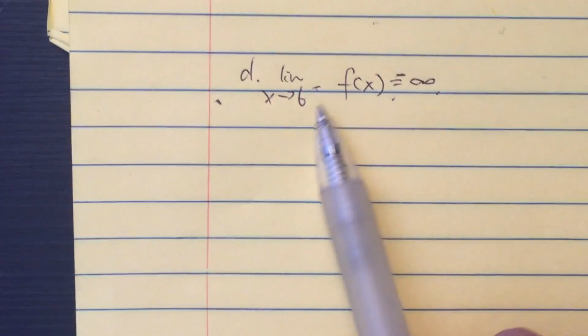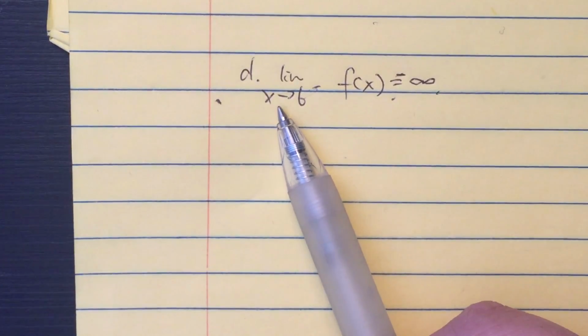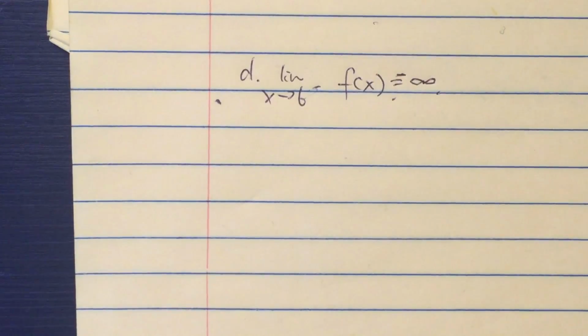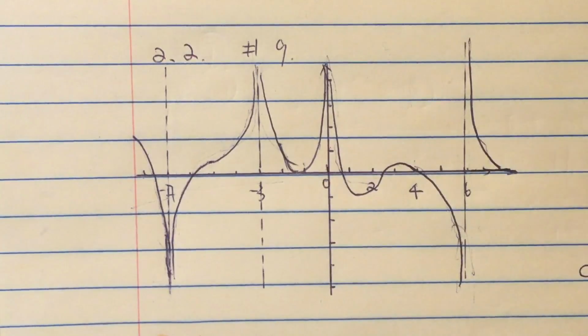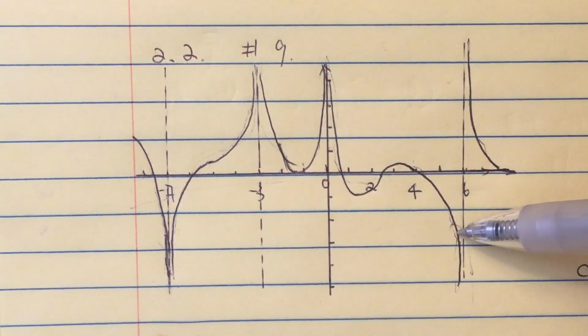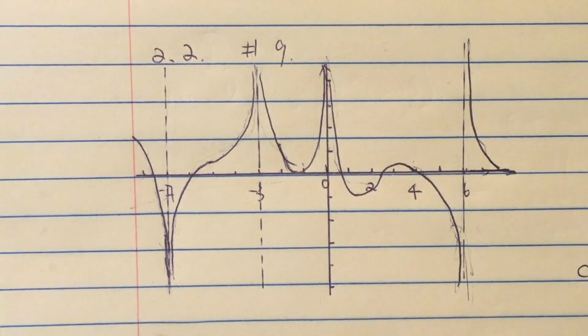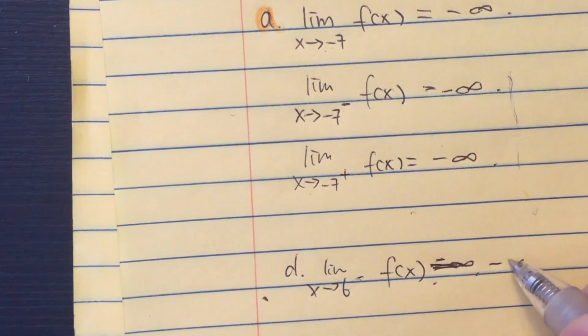Okay, a couple more. We need to find the value of f(x) as x goes to 6 from the left side. According to the graph, this is 6 from the left side. The value of f(x) goes to negative infinity. Can you write it? Because it's a bit confusing.